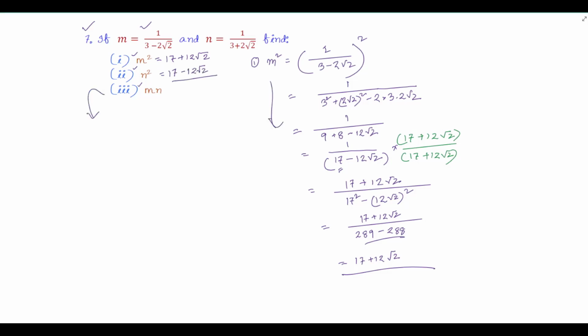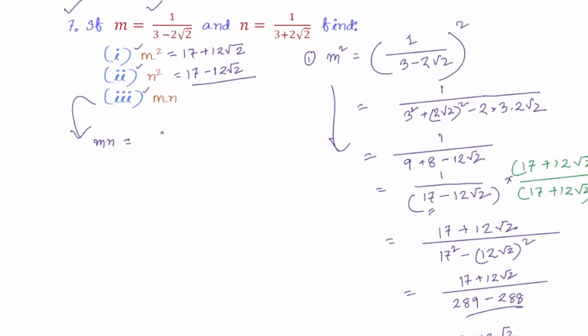Now let us solve number 3. mn is equal to, so what is m? m is equal to 1 upon 3 minus 2 root 2, multiplied by its conjugate, so you simply do the multiplication. In the numerator, 1 multiplied by 1 is 1, and the denominator is (a minus b) multiplied by (a plus b).